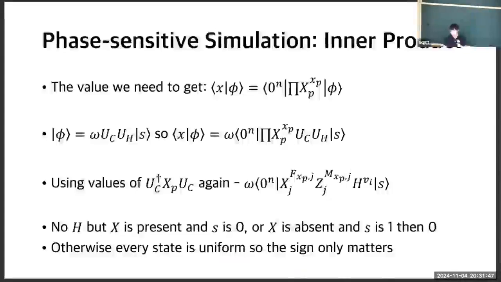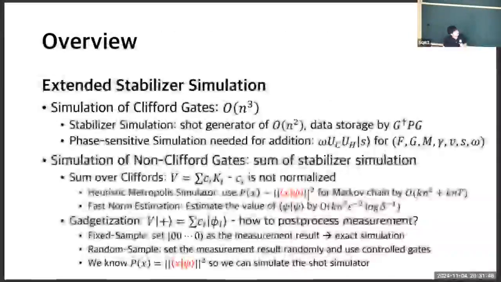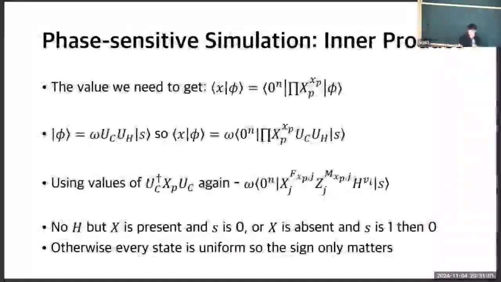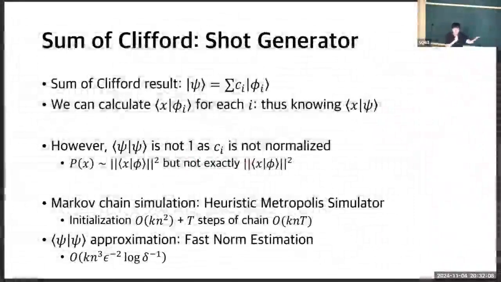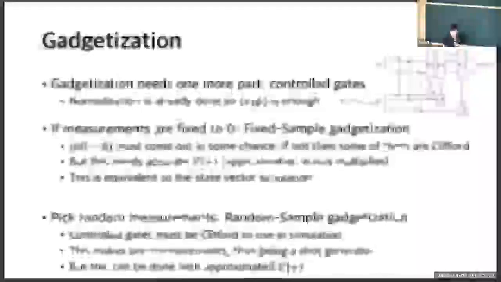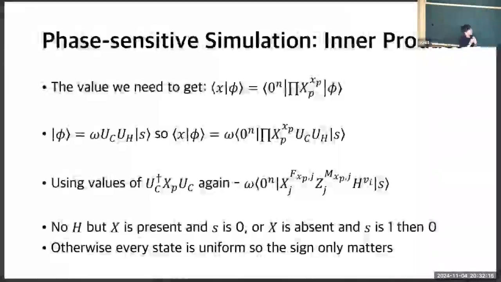I think this is the last part of this presentation, and this is how we can make the product of X and phi here, because I already said that we can calculate them like that, right? The value of P_X without normalization can be calculated here, but I didn't talk about this, and this is how it is done.